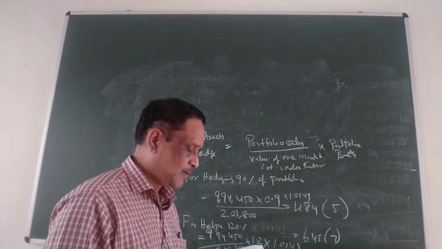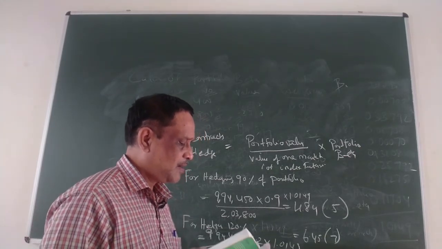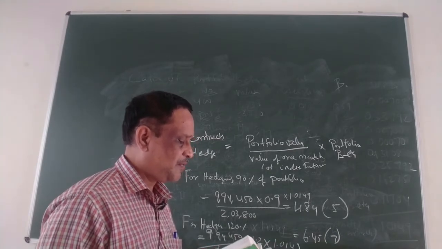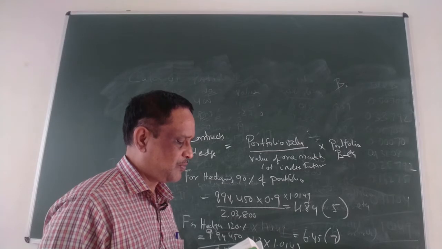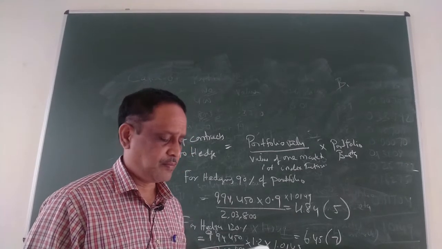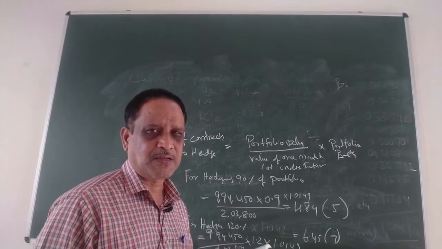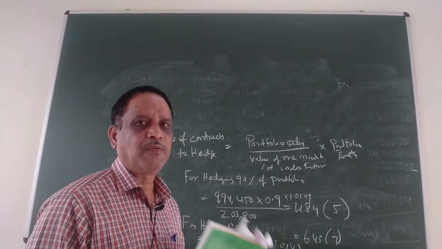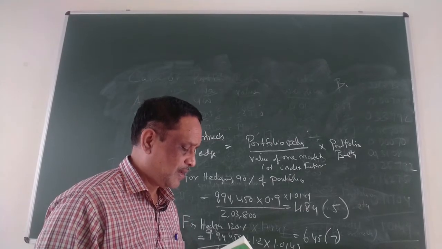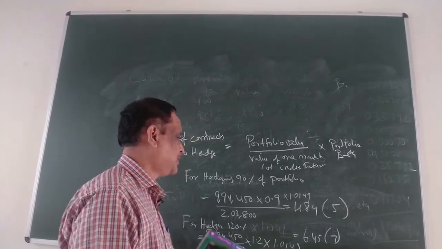And the next one, the E question, is to determine the number of futures contracts the investor should trade if he desires to reduce the beta of the portfolio to 0.9. Now we have seen the portfolio beta is 1.0149. If you want to reduce that to 0.9, what do you have to do? So for that we have a formula. Let us do it.